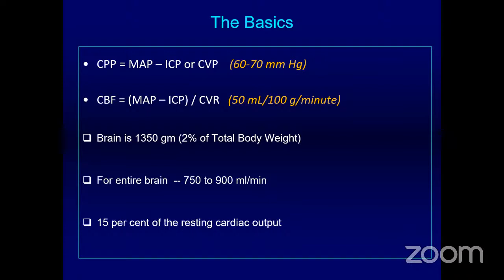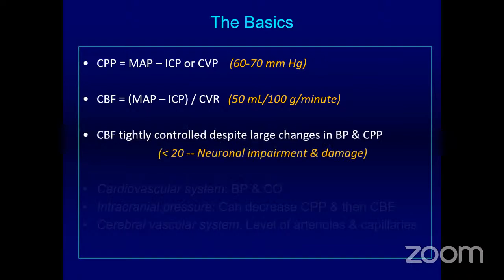And that's where the metabolism of the brain is very important, because the anaerobic metabolism is minimal, and the brain is completely dependent on the supply of nutrients and oxygen through continuous blood flow, which is happening at a high volume. Now, to maintain the integrity of the brain and its function, the cerebral blood flow is tightly controlled.